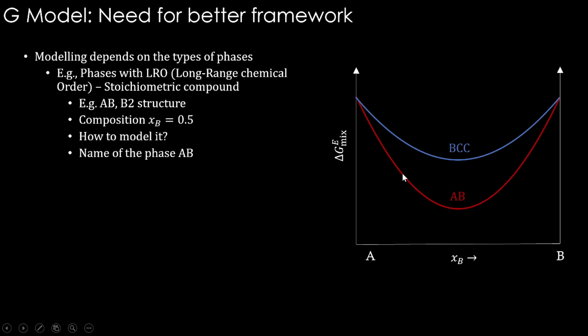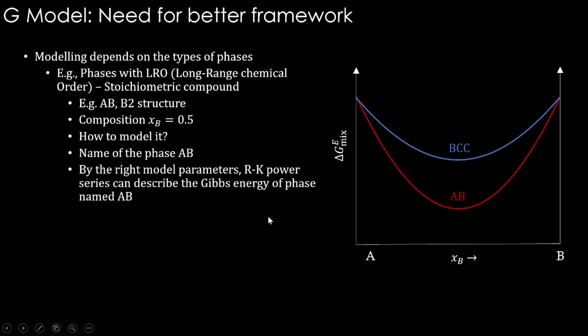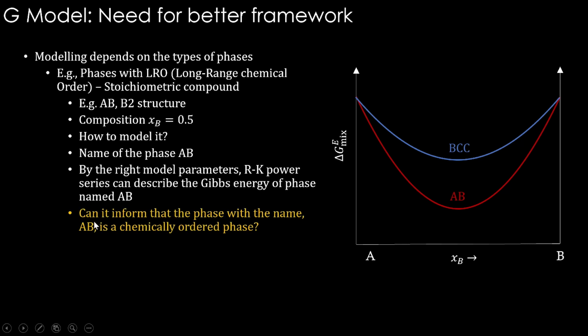Is that enough to tell that this AB phase has long range chemical order? That's the problem. By the right model parameters, the RK power series can describe the Gibbs energy of the phase named AB. It can do that. But can it inform that the phase with the name AB is a chemically ordered phase?